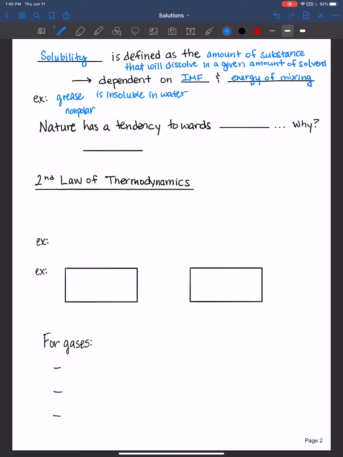So therefore, I'd want to find a nonpolar solvent to help clean up my grease. And so a very common one would be hexane. And remember when we studied an introduction to organic chemistry, we learned that hexane is just 6 carbons long, just an alkane.